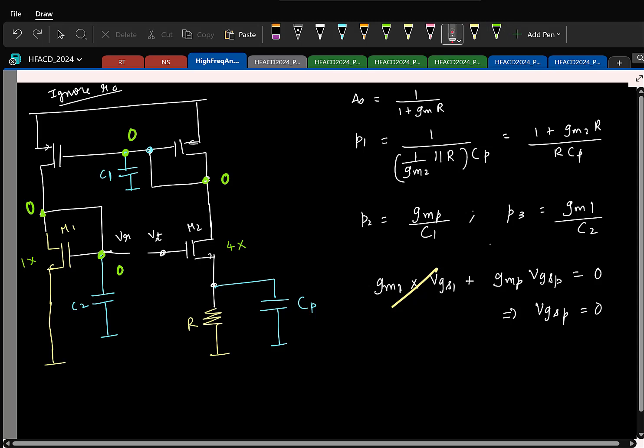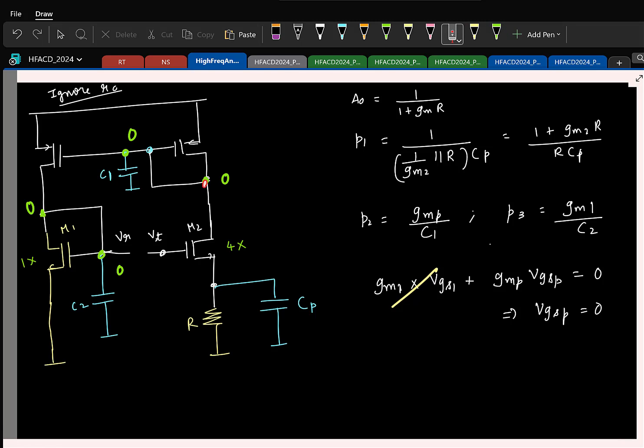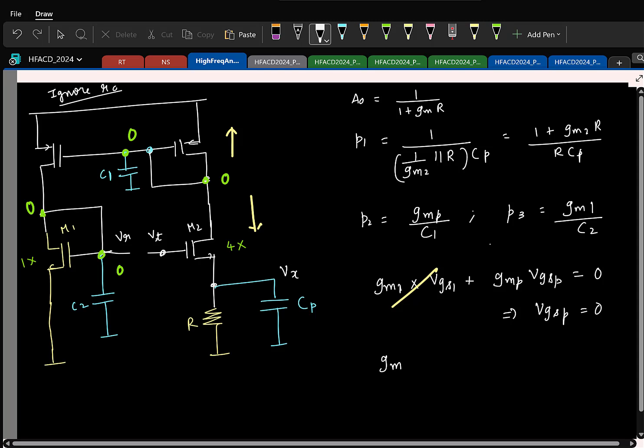Now try to apply KCL here. You already know gm·VGS from the PMOS is 0. Let us call this Vx. gm1 times (Vt minus Vx) should be 0, so what does it mean? Vx is equal to Vt. Now apply KCL here.